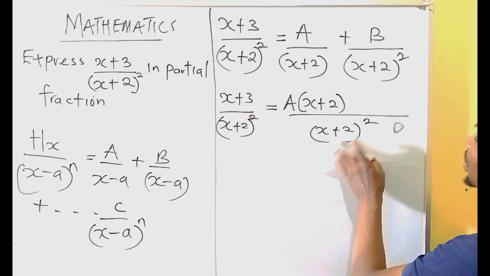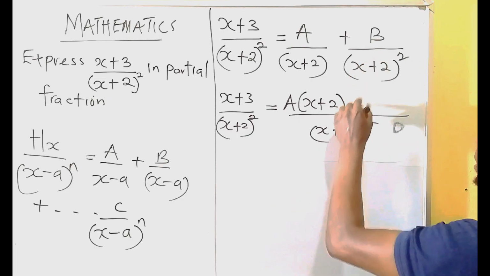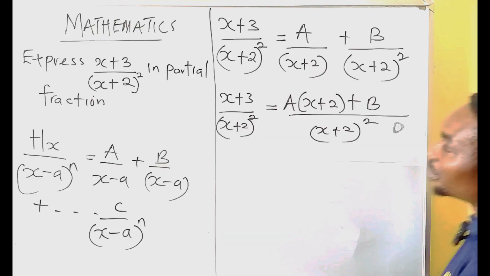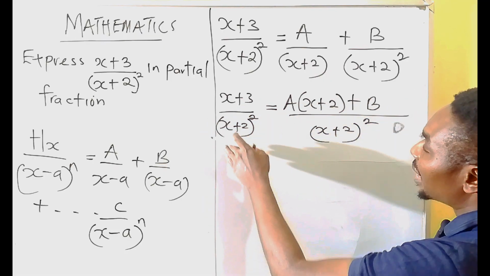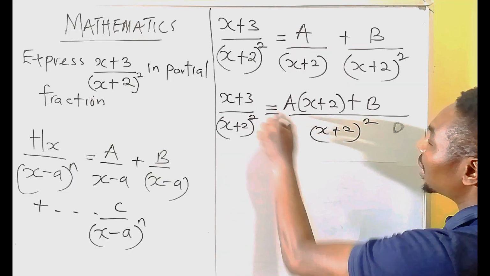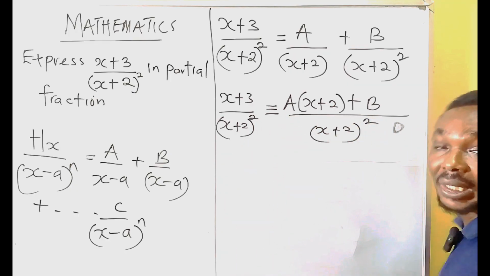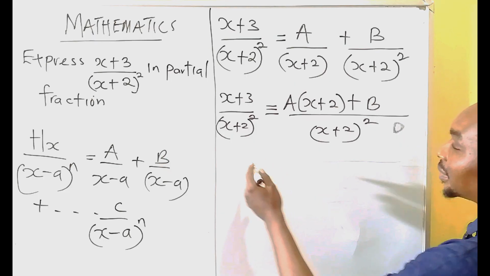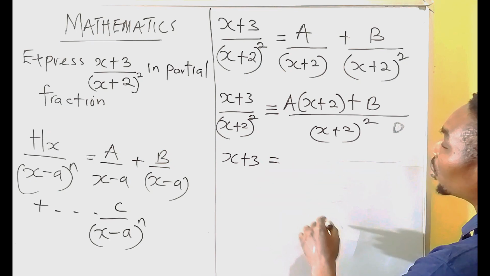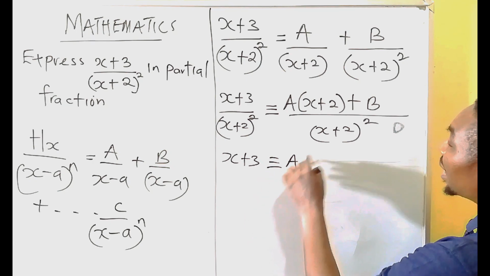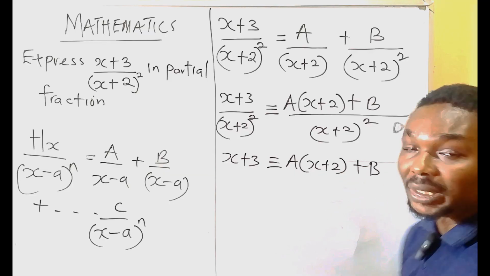Then (x plus 2) raised to the power 2 divided by (x plus 2) raised to the power 2 is 1. So 1 times B is B. So we have plus B. So you discover that (x plus 3) over (x plus 2) raised to the power 2 is equivalent to the right hand side. So at this point, we now have x plus 3 is equivalent to A into (x plus 2) plus B.